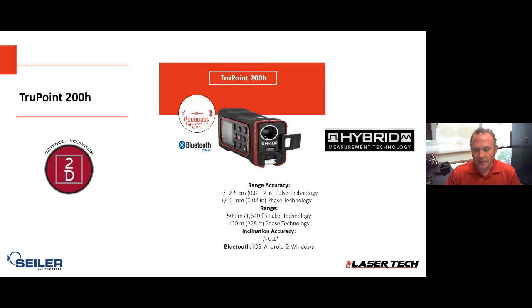Our range is a little less than the TruePulse line, as you can see, but the accuracy is really increased, especially on that short range. So some of those separation values you were talking about, Joe, about the 12 inches or 40 inches, this is a really good device that you can use to take those measurements, and you can see the range accuracy values there. This does also have Bluetooth communication. We've upgraded the Bluetooth module in this device, so we've got BLE, which communicates with all different types of devices real seamlessly.